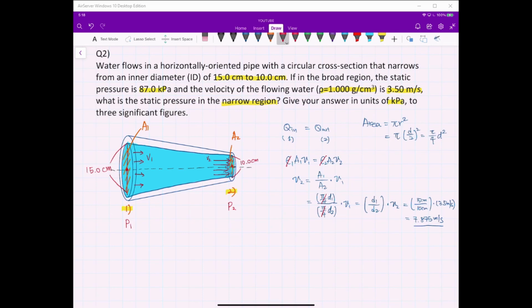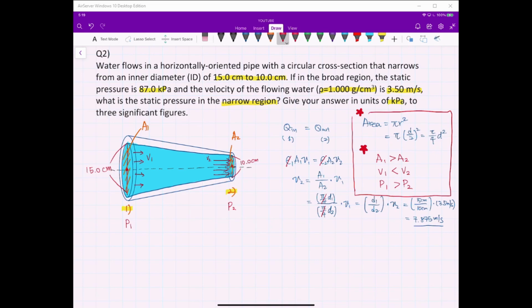Let me summarize what I just explained. Area at 1 is bigger than area at 2, which leaves velocity at 1 lower than velocity at position 2, and that gives higher pressure at position 1 than position 2 here.